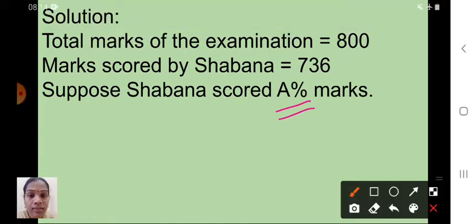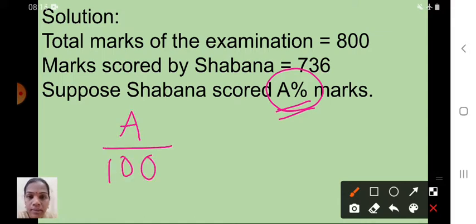The next step, as I told, is to make an equation. How do we make an equation? A percentage, that means the percentage we have to find, so A upon 100. As I told, 2 percentage we write as 2 upon 100, 4 percentage as 4 upon 100. So A upon 100 is equal to, see here, the total will come in the denominator place.